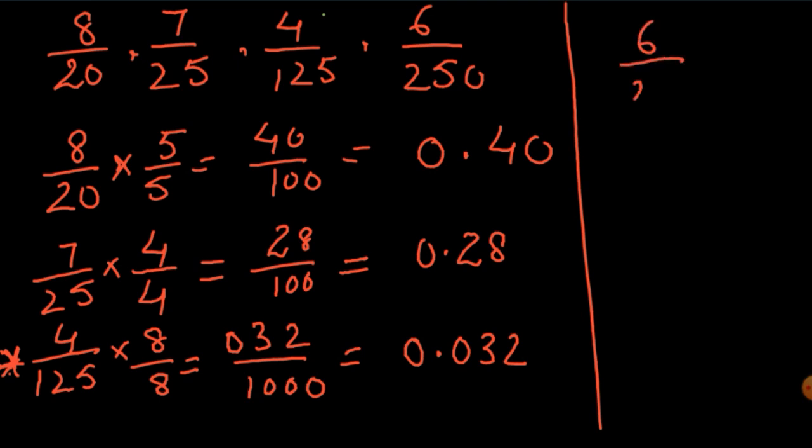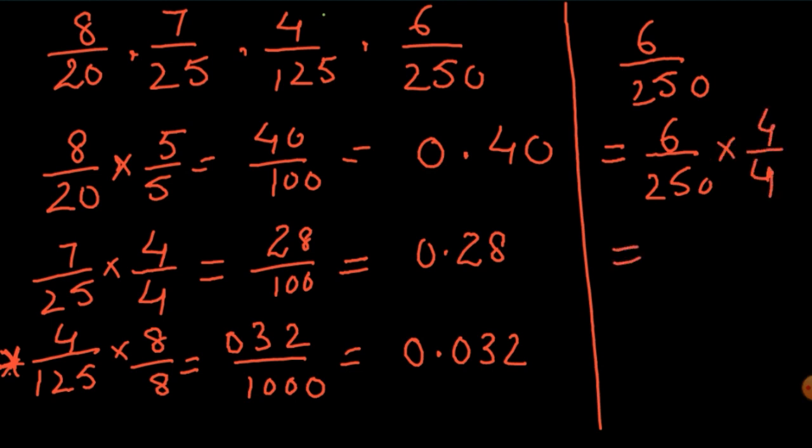Now the next one is 6 upon 250. You know 25 fours are 100. So don't take the 0, only see the 25, which if multiplied by 4 will become 100. So what will we do? Multiply by 4 upon 4. So what will it be? 24. 25 fours are 100 and 1 zero.